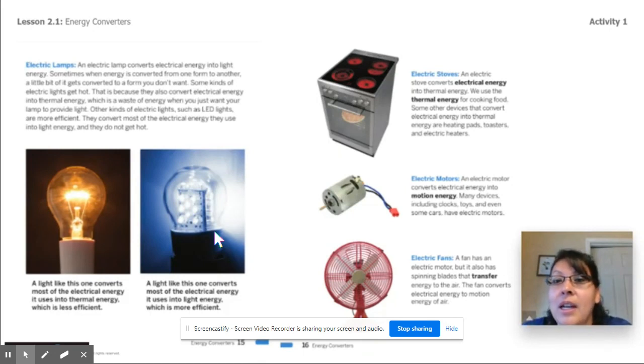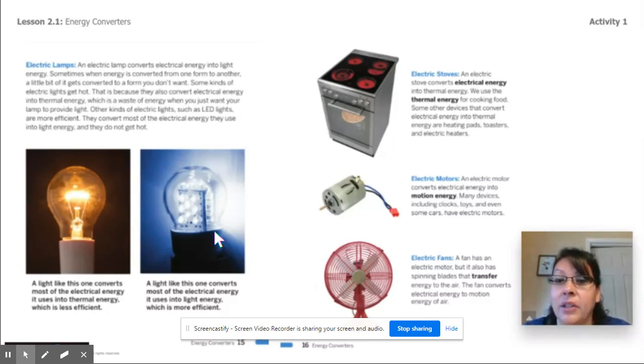A light like this one converts most of the electrical energy it uses into thermal energy, which is less efficient. A light like this one converts most of the electrical energy it uses into light energy, which is more efficient. Electric stoves. An electric stove converts electrical energy into thermal energy. We use the thermal energy for cooking food. Some other devices that convert electrical energy into thermal energy are heating pads, toasters, and electric heaters. Electric motors. An electric motor converts electrical energy into motion energy.